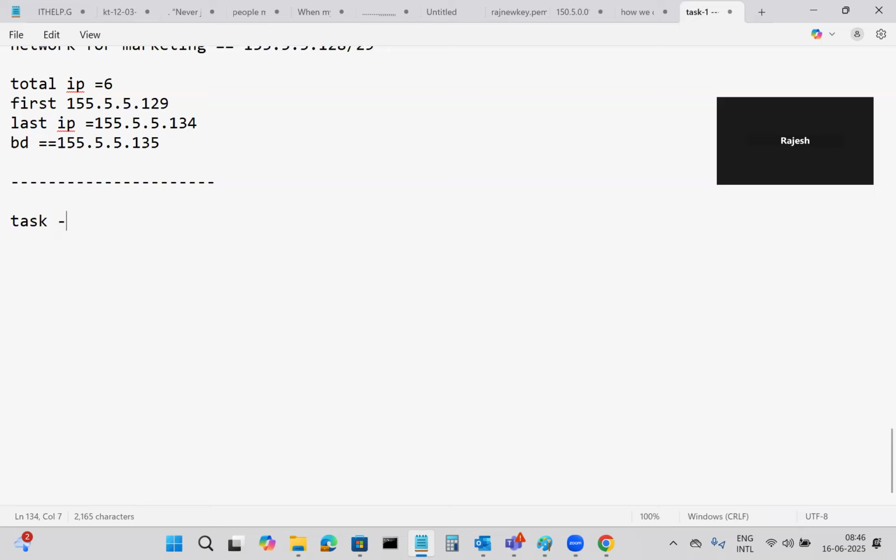The task is this. One big network is given to you: 177.7.0.0/25, and the requirement is this. There are 4 departments.